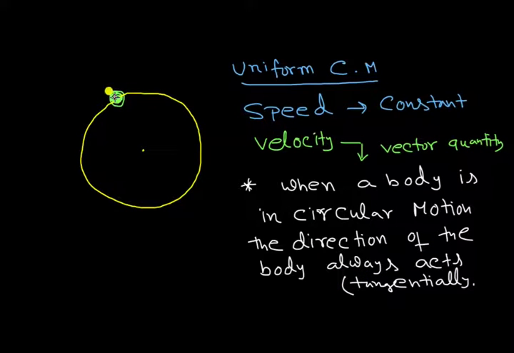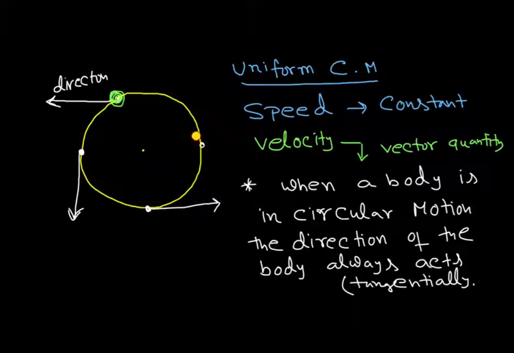That means when the particle is at this point, its direction will be in this direction. This is the direction of displacement. At this point, the direction will be this way. At this point, the direction of the particle is this way. See, everywhere the displacement of the particle is changing. That means the direction of the particle is changing.